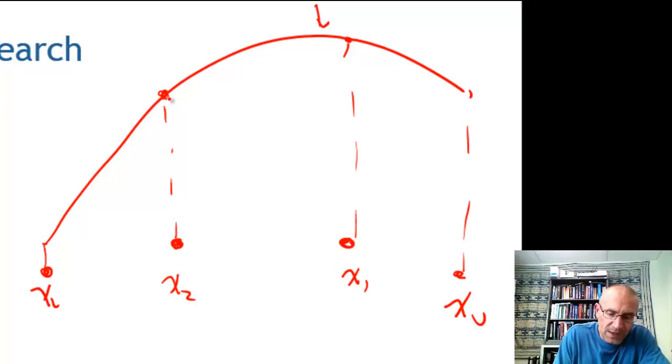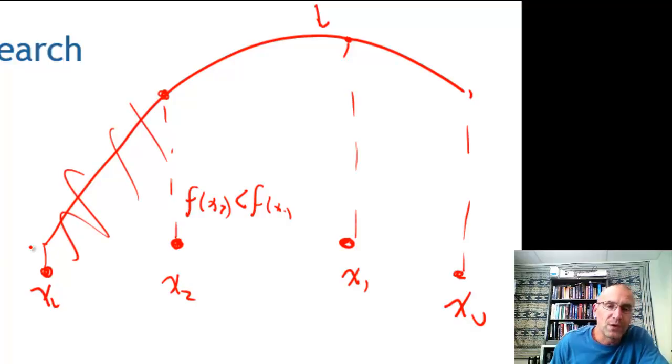At this point, I'll realize that f of x sub 2 is less than f of x sub 1. And so what that means is I'm going to clearly want to throw away, for example, that section right over there because I know the optimum is going to be in between here. And then I'm going to find a new 4th point and evaluate it there. Right? Now, what would be the choice of these points?